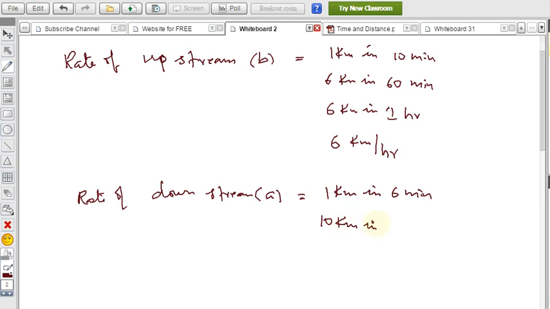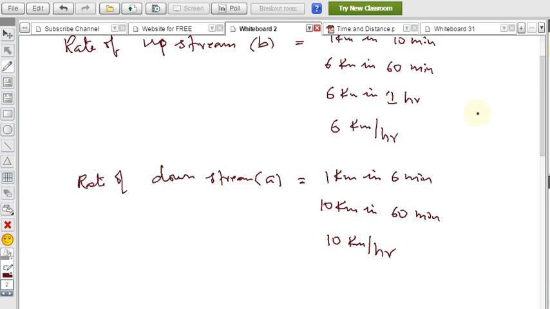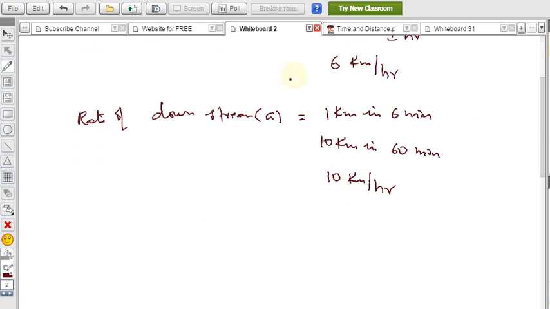So 10 kilometers per 1 hour. This is A. Then rate of the current. So this is B and this is A.